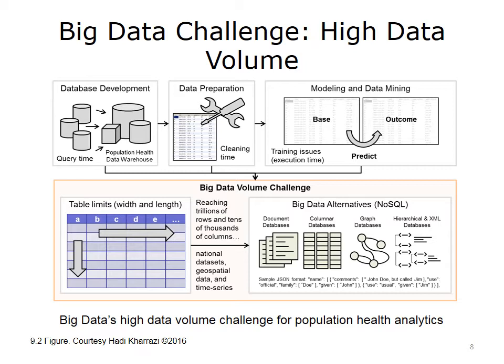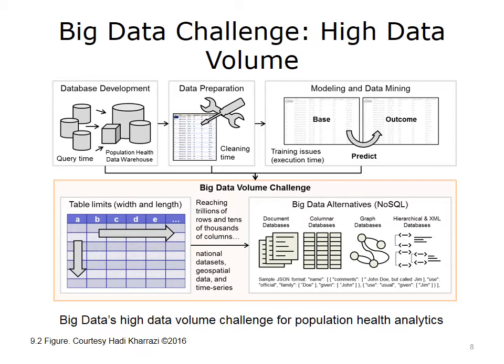Some existing population health datasets are reaching trillions of rows and tens of thousands of columns and thus are not conforming to the traditional relational database structures. Big data platforms and solutions are becoming more common in such conditions.